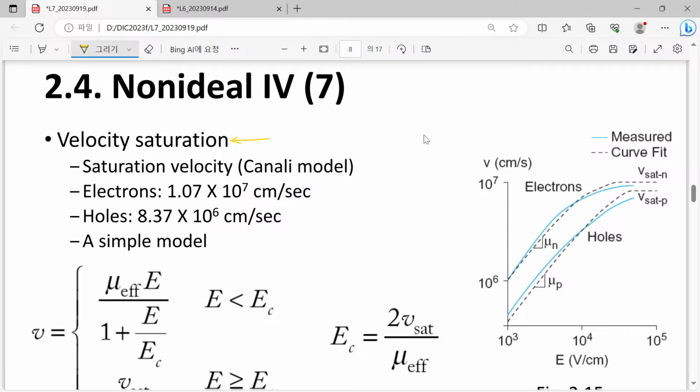Velocity saturation is like a raindrop. Here we have the ground, and there is a cloud, and water drops are falling. Then what will happen?